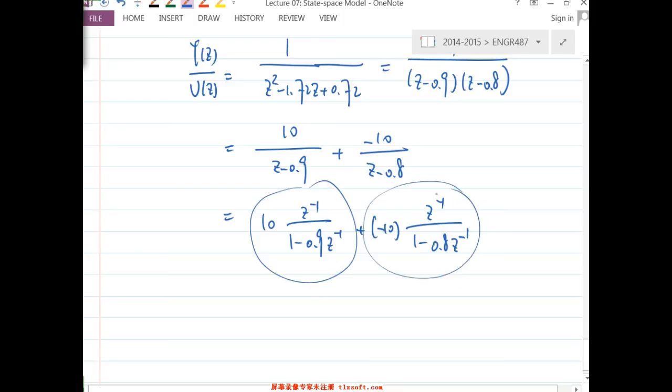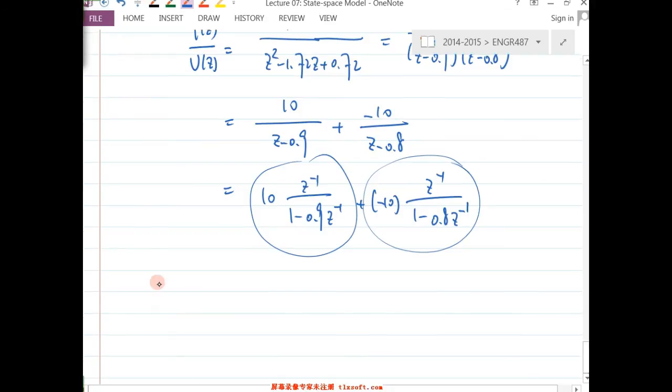If you remember in the continuous system, this is G, this is H, and the transfer function for this kind of block is G over 1 plus GH.